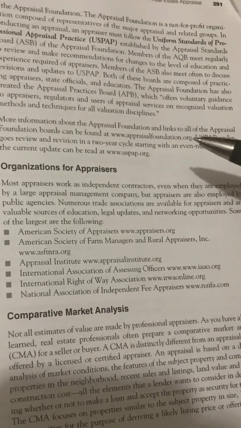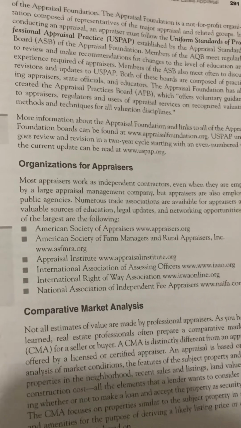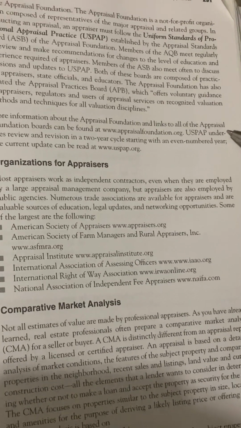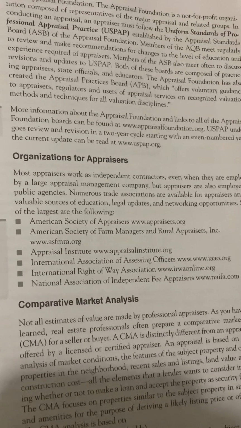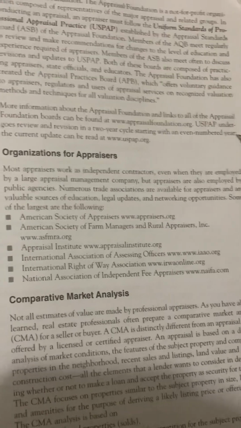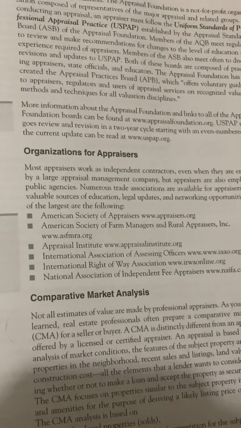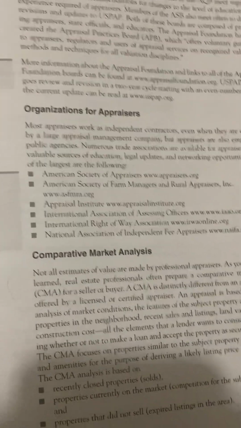More information about the Appraisal Foundation and links to all of the Appraisal Foundation boards can be found at www.appraisalfoundation.org. USPAP undergoes review and revision in a 2-year cycle, starting with an even number year. The current update can be read at www.uspap.org.